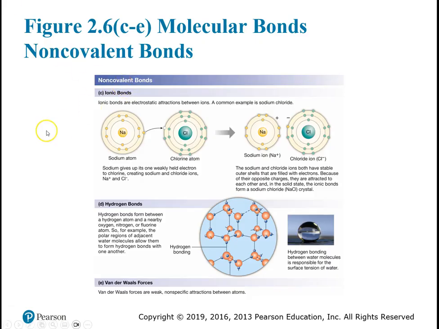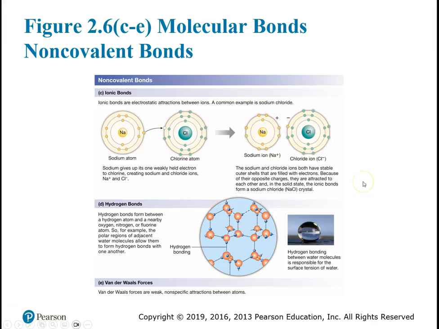And here's just another visual representation, if this is a little bit better for you, of ionic versus hydrogen bonds. So here we have sodium chloride. So sodium here is going to give up an electron to chlorine, and that is going to give sodium a slight positive charge. Chlorine is going to have a slight negative charge in their ionic forms.